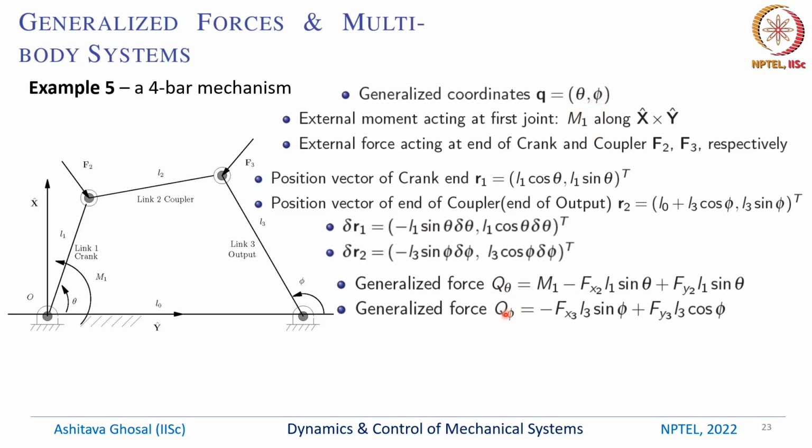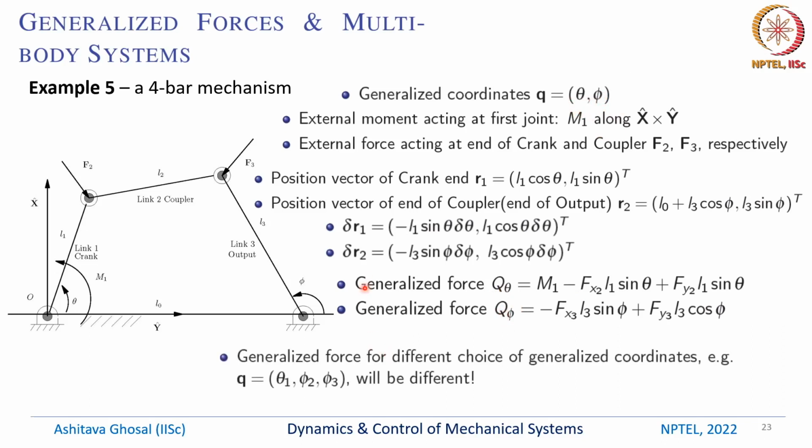So the generalized forces will be torques, in Newton meter. The generalized coordinates can be different, and I will show you an example again with this 4-bar, that instead of choosing theta and phi as my generalized coordinates, I could have also chosen some angle theta, one more angle here and one more angle here.